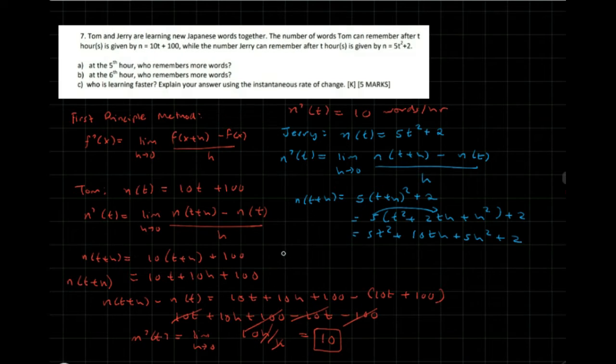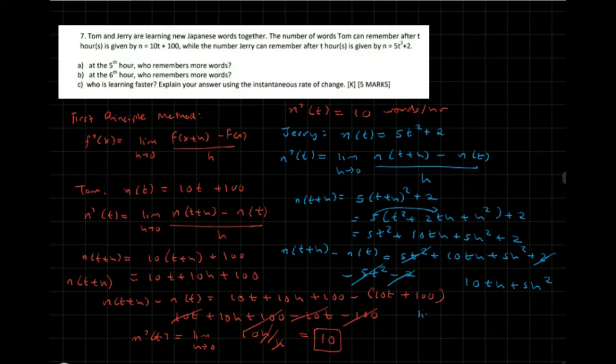If you subtract, n(t + h) minus n(t) is 5t² + 10th + 5h² + 2 minus n(t), which is negative 5t² minus 2. This and this cancel out, this and this cancel out, and you're left with 10th + 5h² for the numerator.